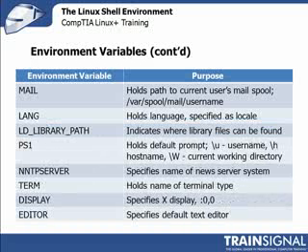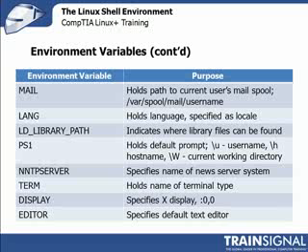Continuing with our list of common environment variables, next we have MAIL, which holds the path to the current user's mail spool, or in this case /var/spool/mail followed by the username. LANG holds the language, which is specified as a locale. LD_LIBRARY_PATH indicates where library files can be found.